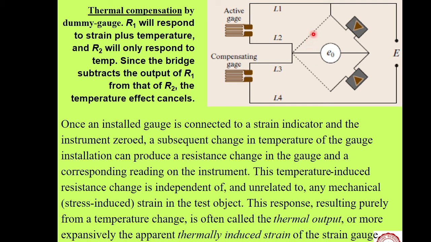So 2 of the resistances come from the strain gauge itself. Active gauge and dummy gauge complete this part of the circuit, these dotted lines. In the other part, these are resistance values which come in the measurement unit itself.